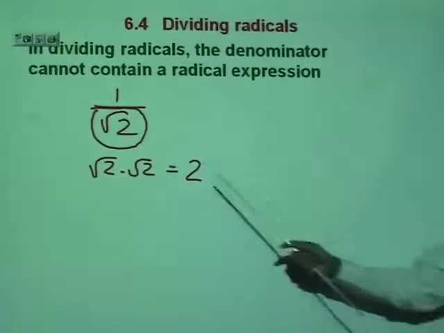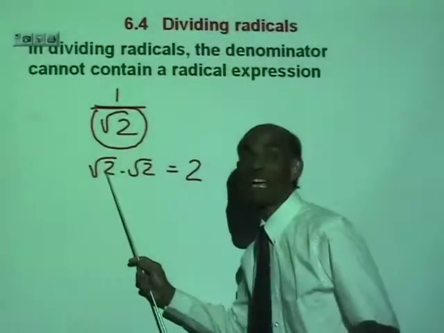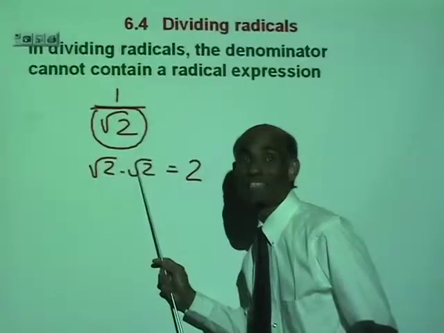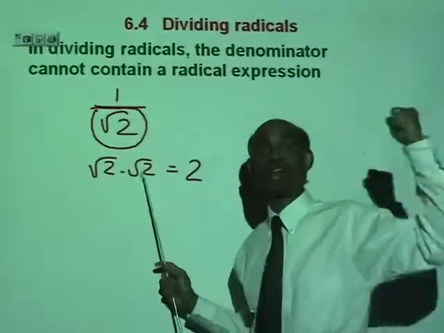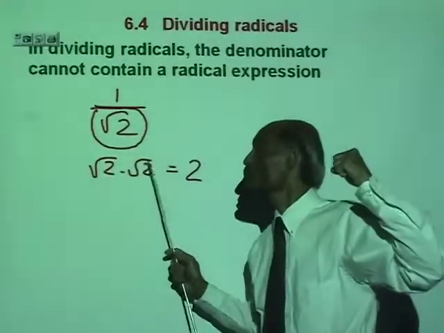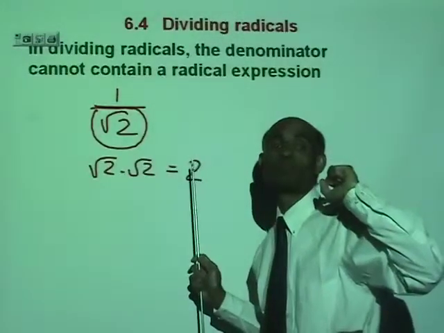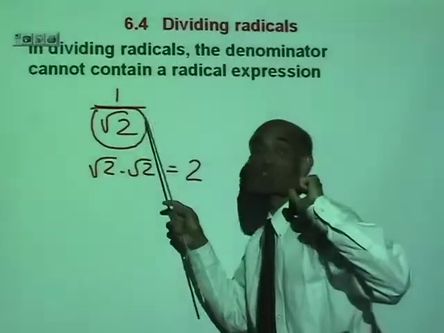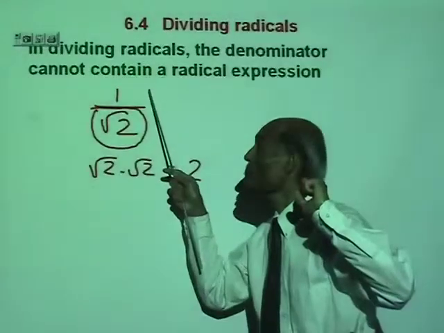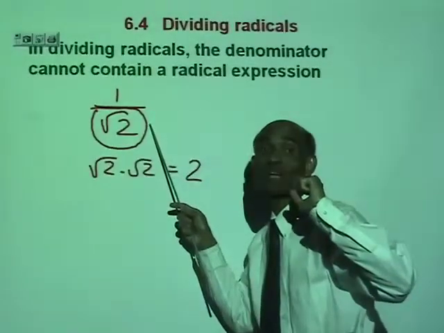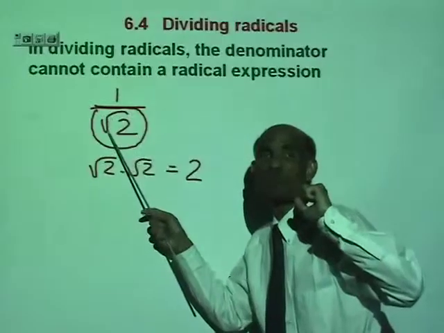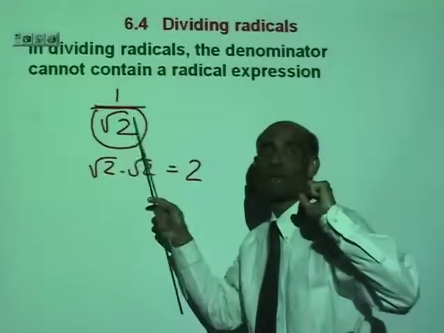You see, when a radical number is multiplied by itself, the radical sign will go. Square root 2 times square root 2 is 2. And so, what number will you multiply the numerator and denominator by in order to remove the radical sign from here?